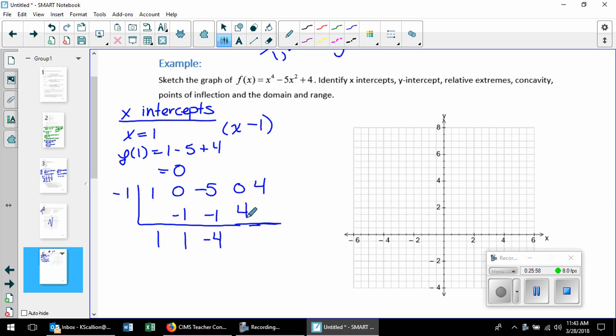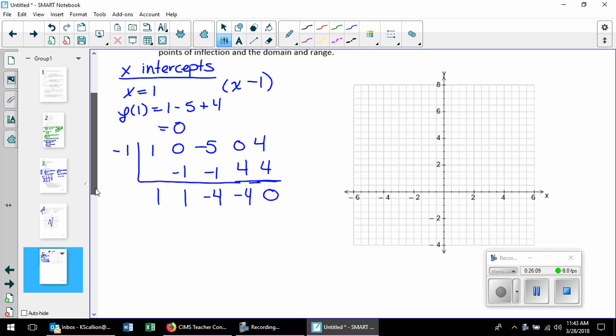So it'll be a positive 4, negative 4, positive 4, 0. So then this will be my constant, my x squared, and my q.